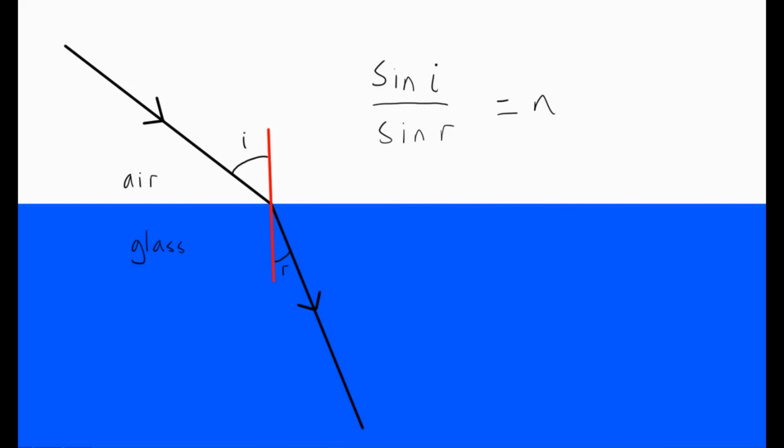So in other words, if we get the angle of incidence and we put it in our calculator and press the sine button, do the same with the angle of refraction there, divide one by the other, it will give us the refractive index. So if this was glass, the sine of this divided by the sine of this would always give us 1.5.